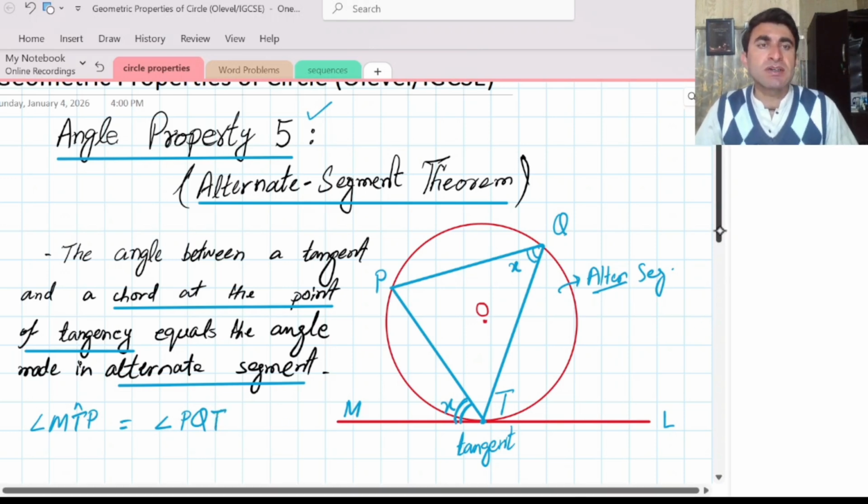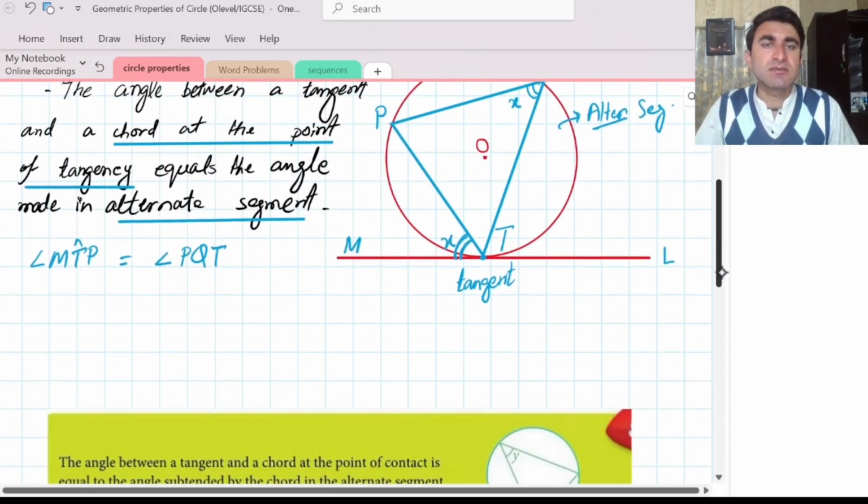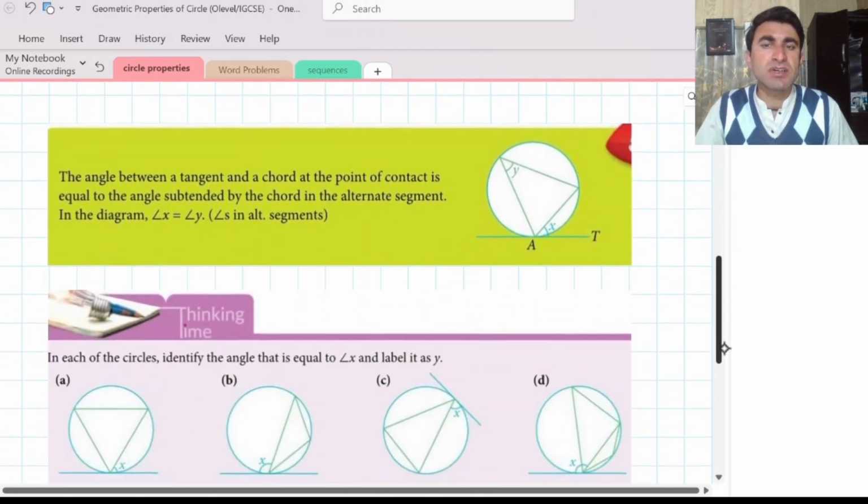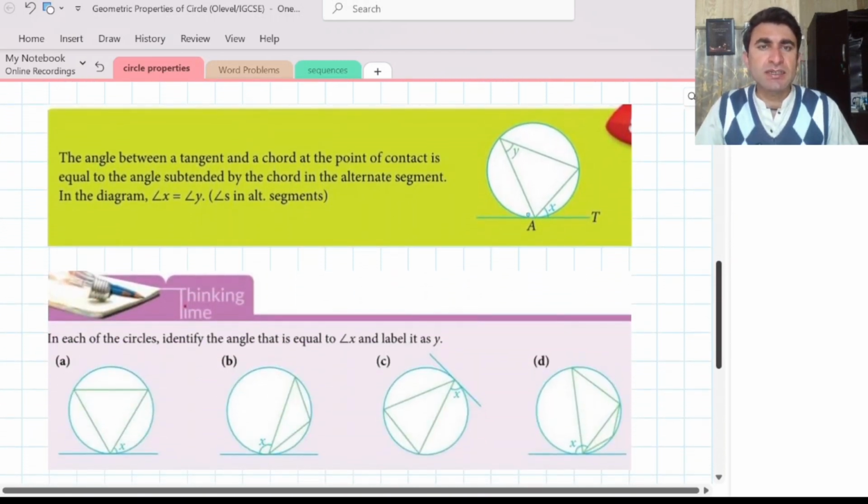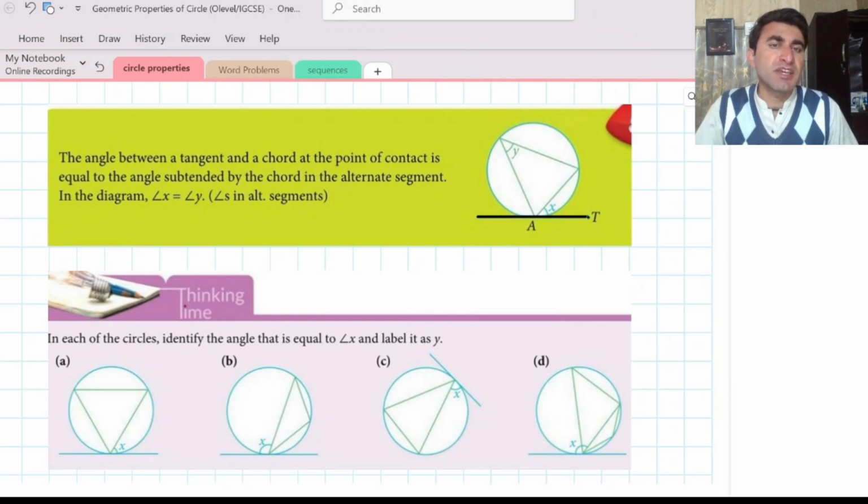So this was the property, and as we see the diagram from the book, here is a circle with a tangent AT passing through the point A, and the angle between this chord and the tangent is given as x.